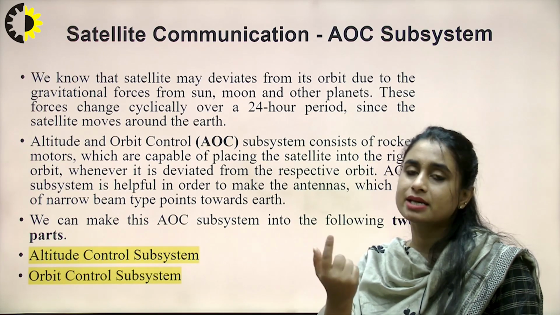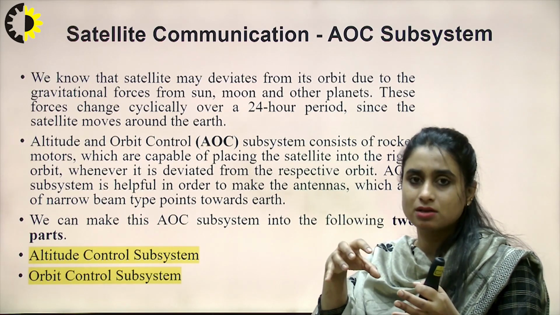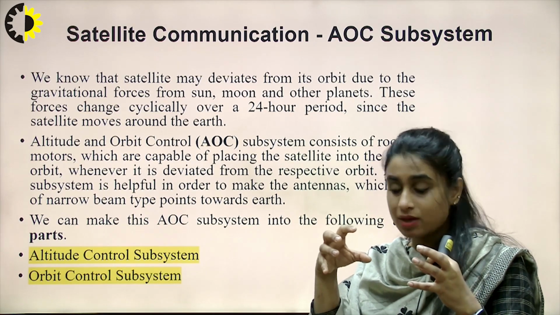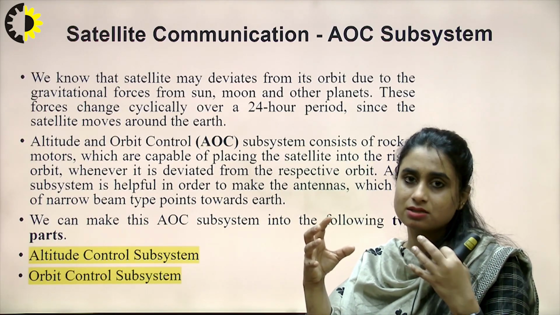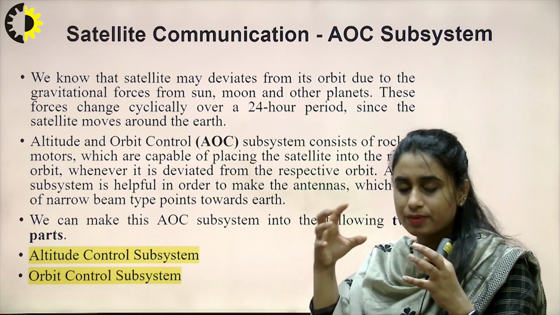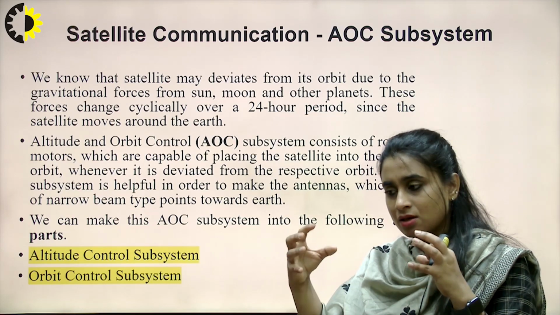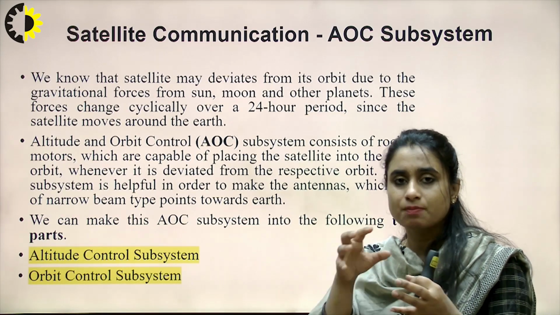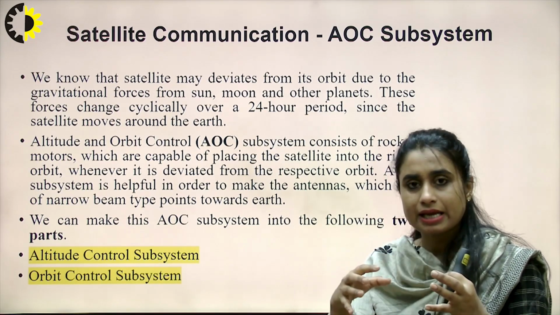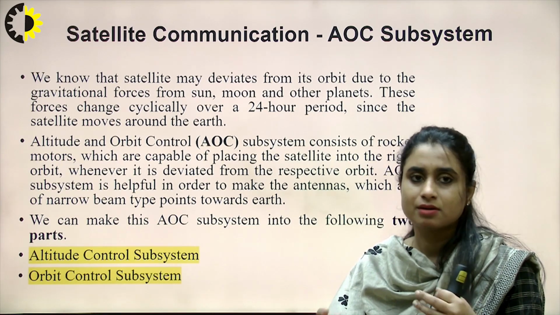The orientation towards Earth must be fixed, because suppose it is used in military for surveillance, it would be looking at a particular place, so its orientation should not get disturbed, right? It should look at a particular area 24/7, right?